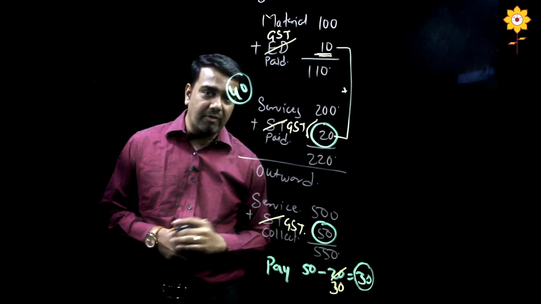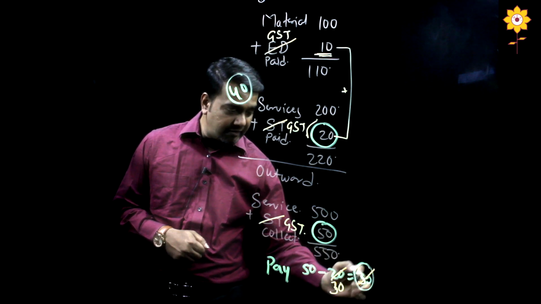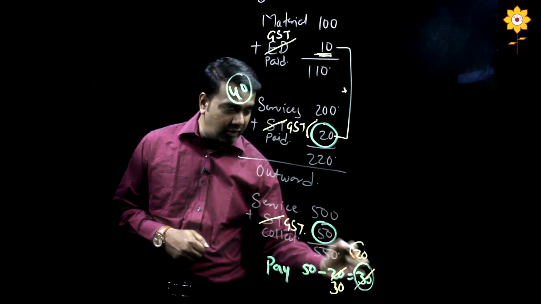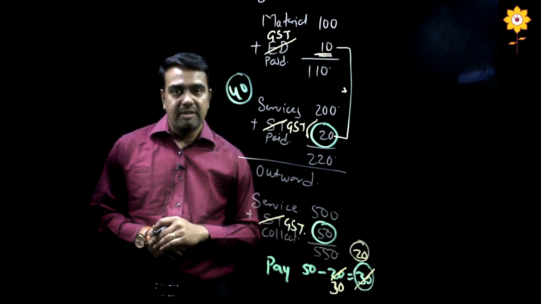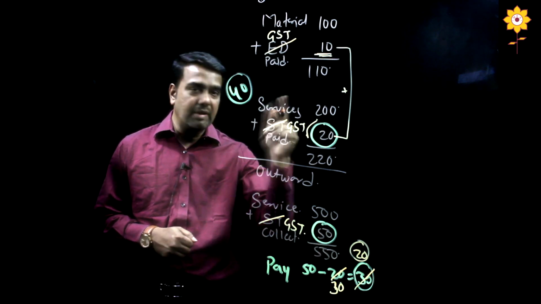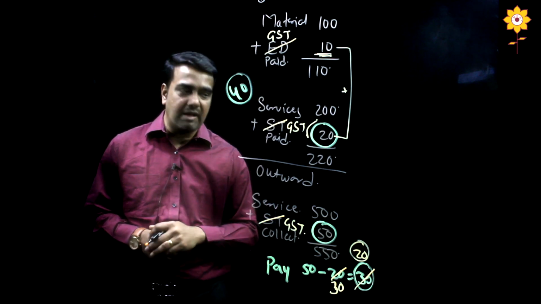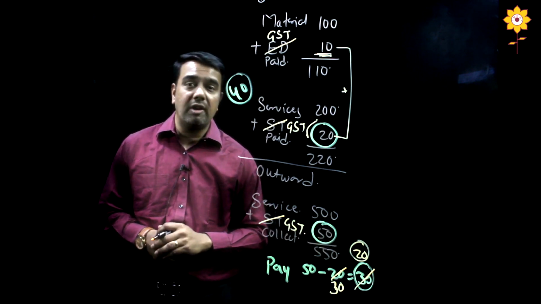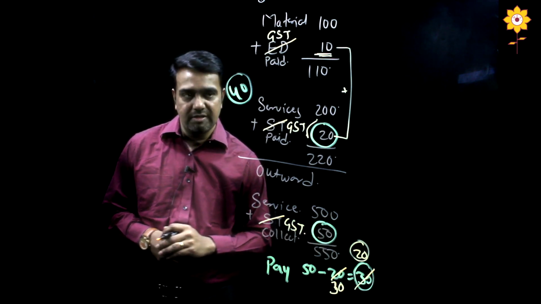Now instead of 30, I have to pay only 20 rupees from my pocket. Earlier, I paid 40 from my pocket, 30 plus 10. Now, as this setoff is available, I have to pay only 20 rupees from my own pocket.